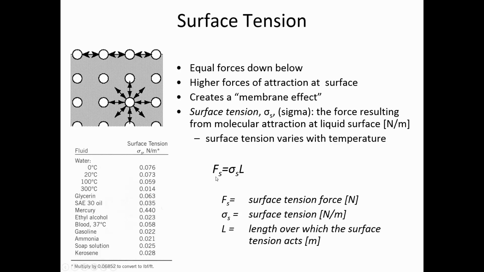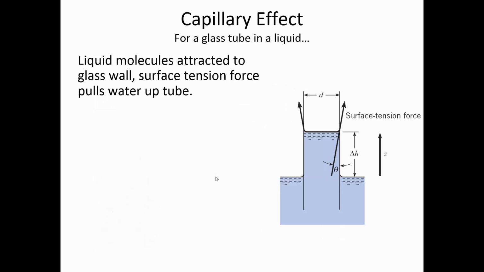So this is a really interesting effect. It's not just limited to bugs walking on water or razor blades floating on top of water. It's also related to what's known as the capillary effect. This capillary effect is something we can observe in the lab using small glass tubes, but it's also very important in nature.